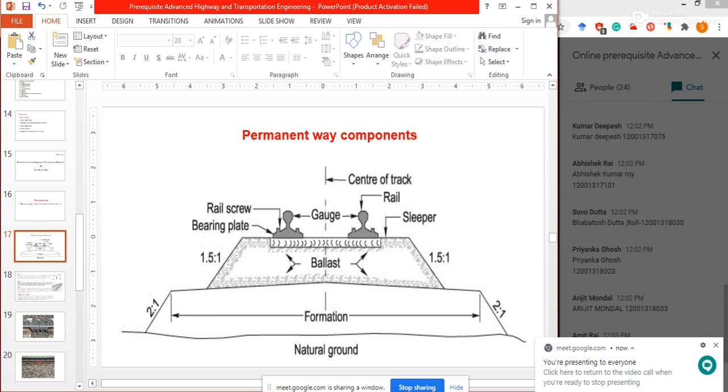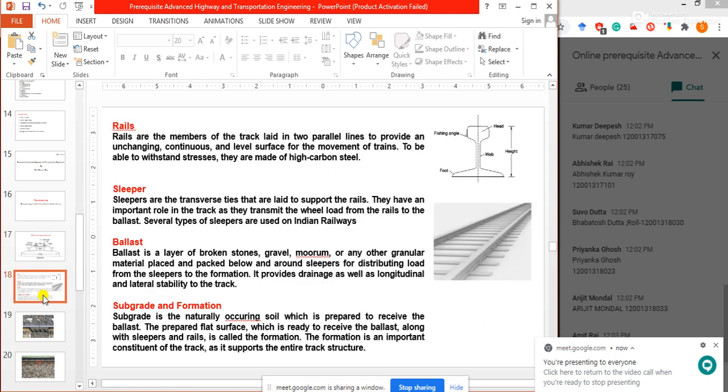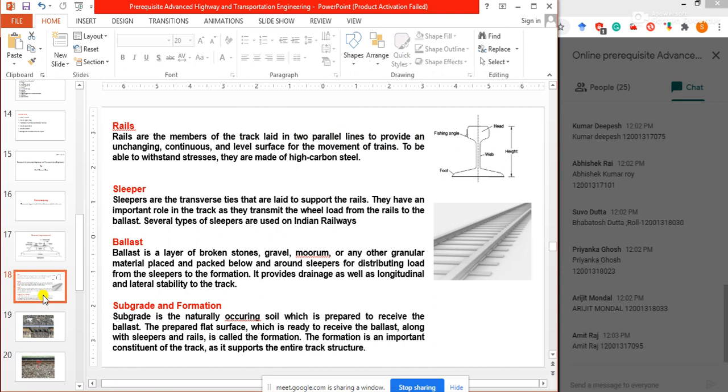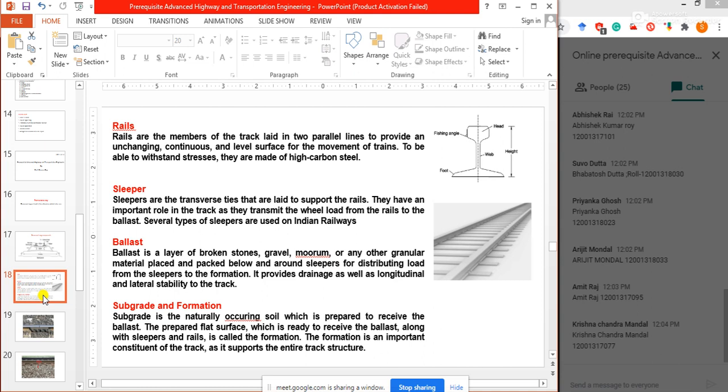In the permanent way, the main components are rail, ballast, formation, sleeper. What is rail? Rails are the members of the track laid in two parallel lines to provide an unchanging, continuous, and level surface for the movement of trains. To withstand stresses, they are made of high carbon steel.